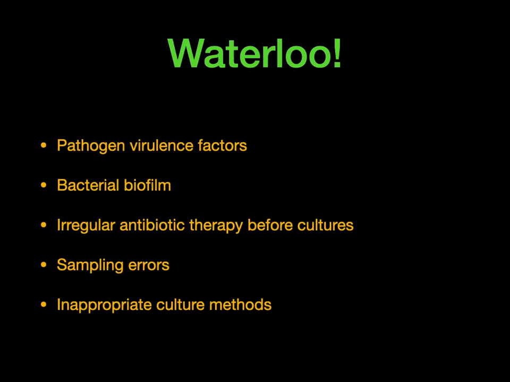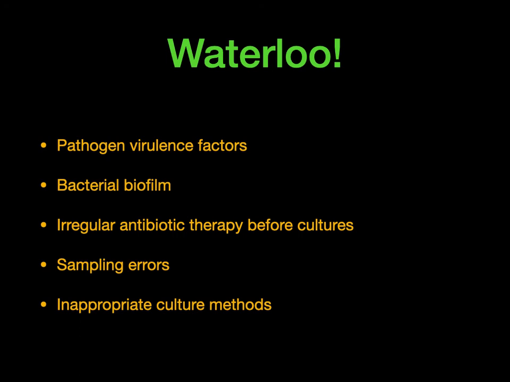In this war, there are certain things that we must be wary of, which is the pathogen virulence, which we have no control over, the bacterial biofilm, the fact that some of our patients may have received irregular antibiotics before cultures from their GPs. Sometimes we ourselves are the cause of sampling errors and use of inappropriate culture methods. So many of these are avoidable.